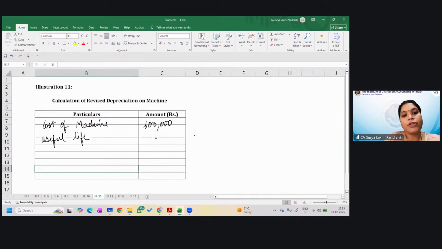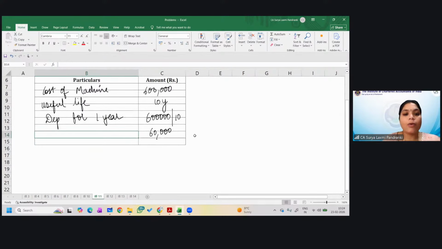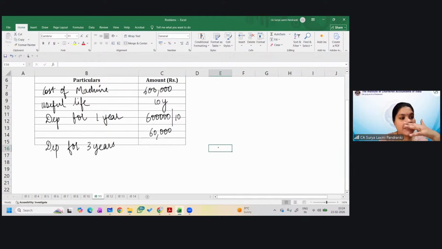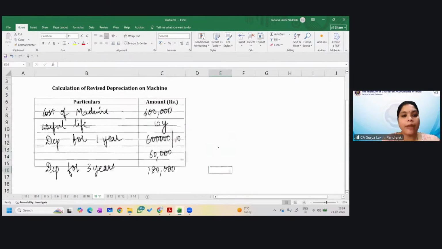Useful life is how much? 10 years. So depreciation for 1 year will be how much? 6 lakh divided by 10, which is 60,000. Correct? And they told that already depreciation for 3 years is provided. So for 3 years will be how much? 3 years depreciation will be 1,80,000. Okay? Right.